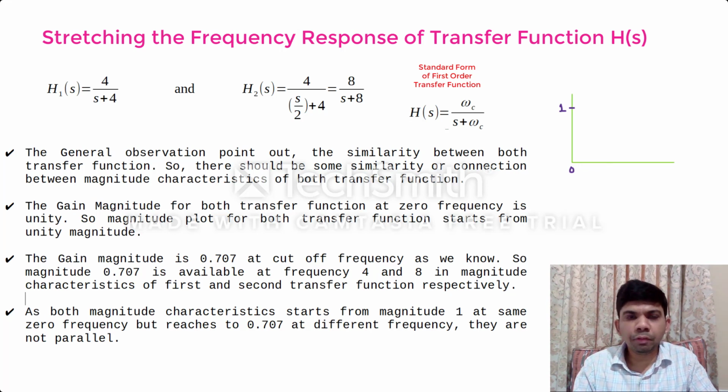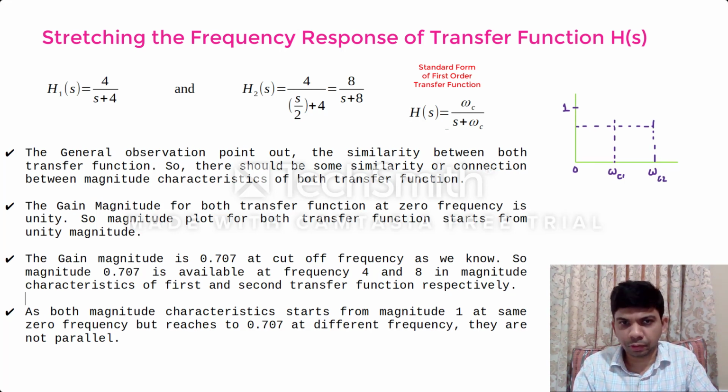Now, the cutoff frequency for the first transfer function is 4 and it is 8 for the second transfer function. Just compare it with the standard form of transfer function. So the magnitude at frequency 4 for the first transfer function is 0.707, and similarly the magnitude at frequency 8 for the second transfer function should also be 0.707.